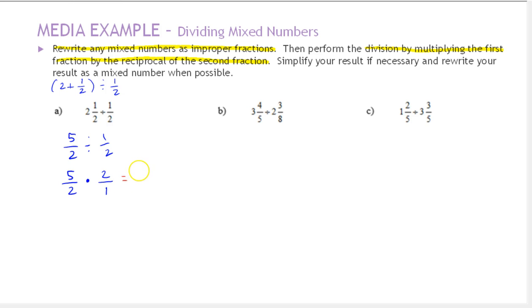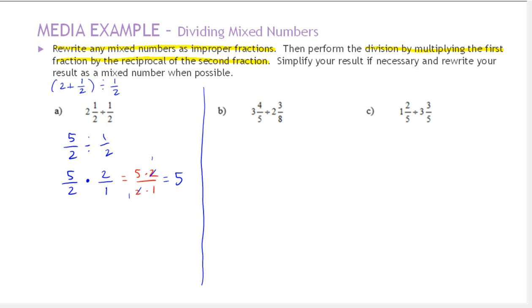Now we can multiply across, 5 times 2 over 2 times 1. 2 divided by 2 is 1, so these cancel to 1, and we get a result of 5, which makes sense. That's what we thought of in the beginning of the problem.